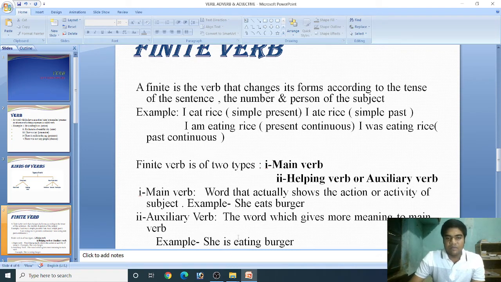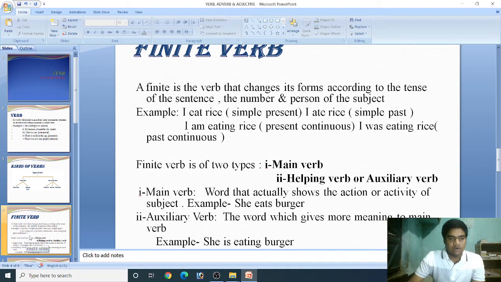All are auxiliary verbs. We'll be making a particular video on all those auxiliary verbs and their use. Here we are just making you understand the concept of the types of finite verb. I hope you have understood the types: main verb and helping or auxiliary verb.